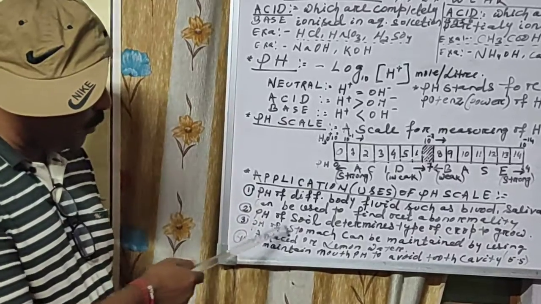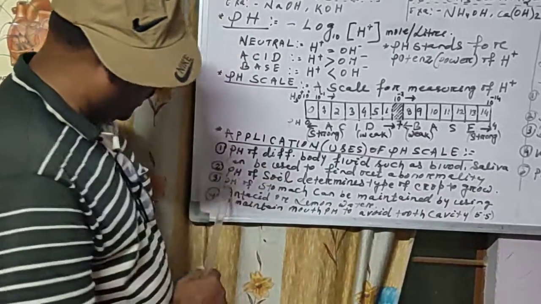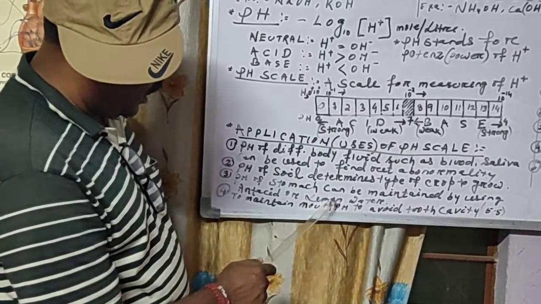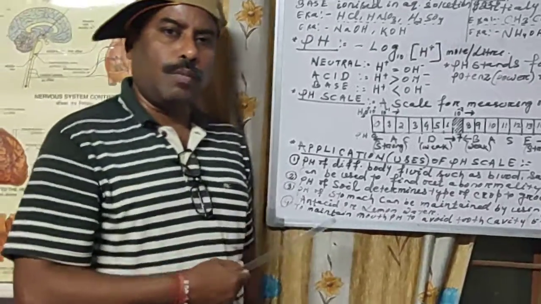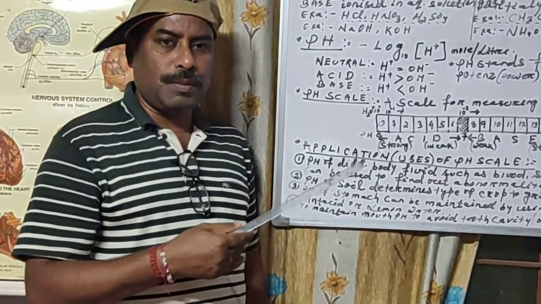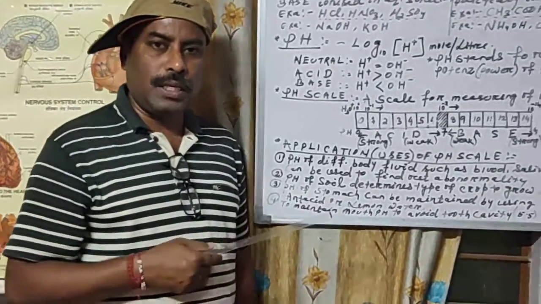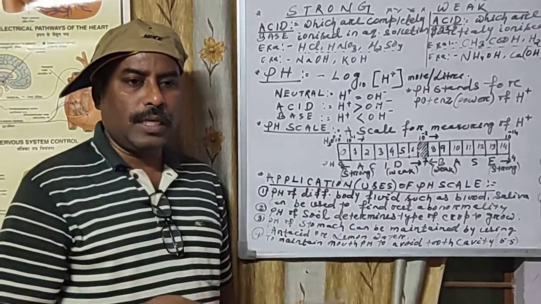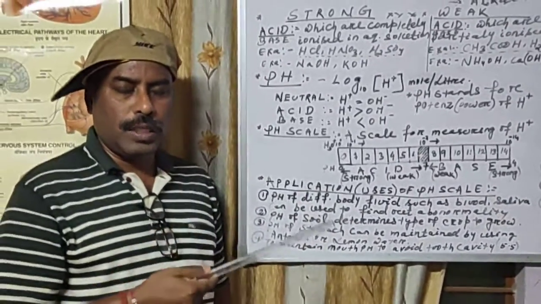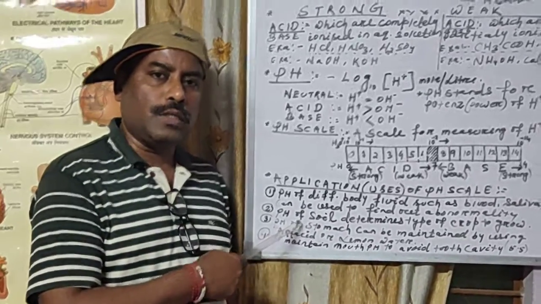Third, the pH of the stomach can be maintained by using antacid or lemon water for relaxation. Sometimes we get stomach pain due to two reasons, especially: the acidic nature of the stomach or the basic nature of the stomach. When our stomach pH goes above 7, it becomes basic and we get stomach pain.